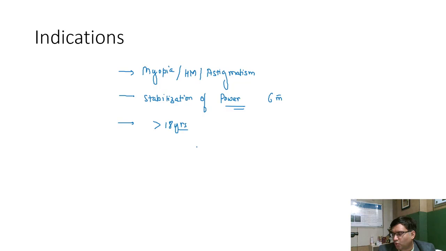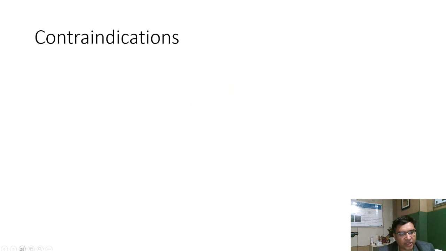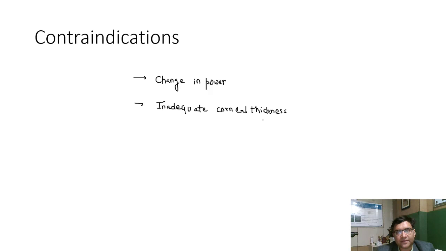What are the contraindications of doing a LASIK surgery? If there is a continuous change in power. Second, if the patient has inadequate corneal thickness. We would talk in detail about what inadequate corneal thickness is and how it can be tackled in further slides, but at this point just remember it is also a contraindication.